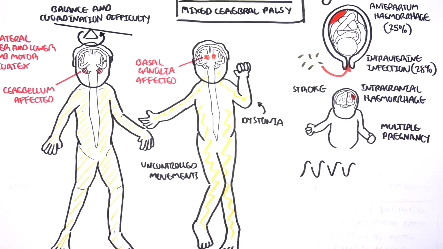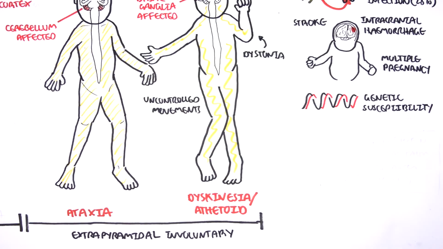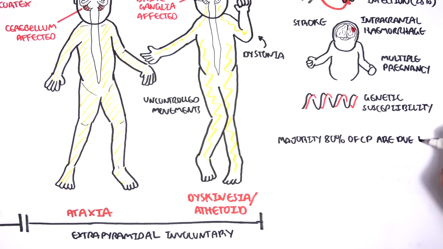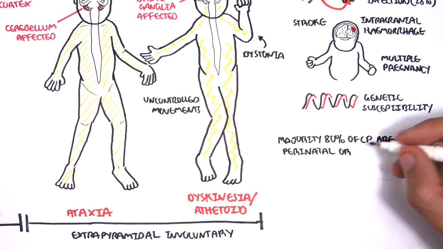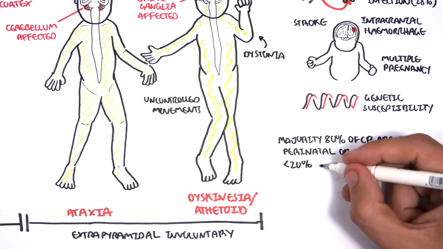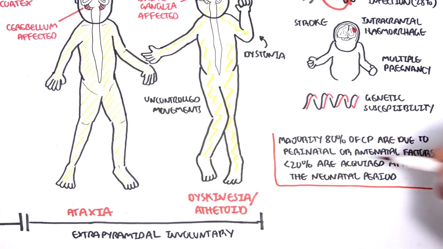A risk is if a mother has multiple pregnancies, and there's also possibly genetic susceptibility. It's interesting to note that the majority, 80% of cerebral palsy, is due to perinatal or antenatal factors, and less than 20% is actually acquired after the neonatal period.